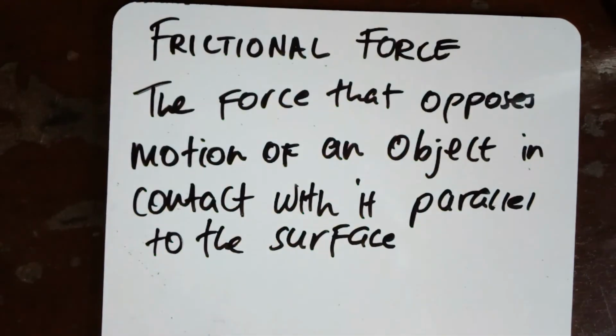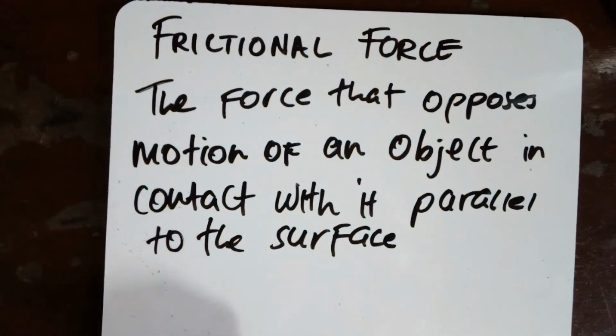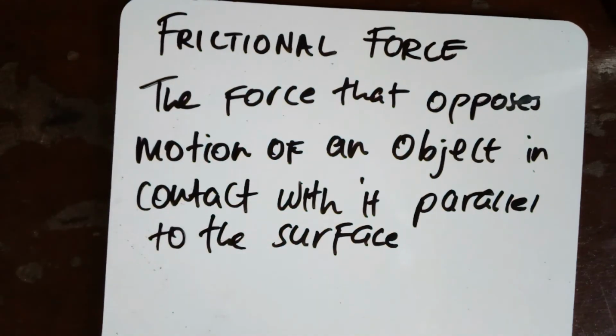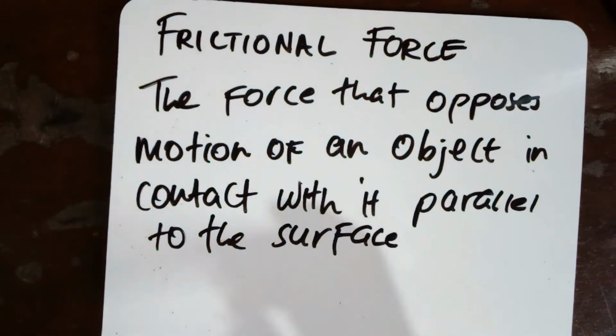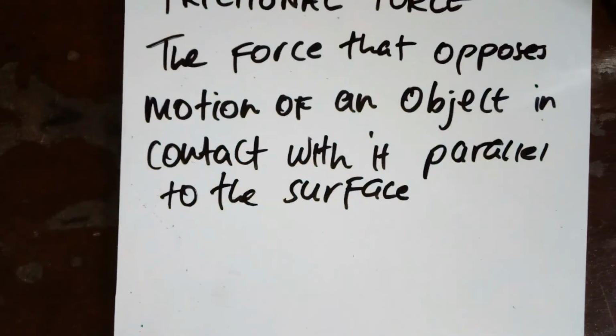So another force that we can talk about is frictional forces, because we've spoken about the normal force, applied force, and a little bit about tension. We can define a frictional force as that force that opposes motion of an object which is in contact with it.